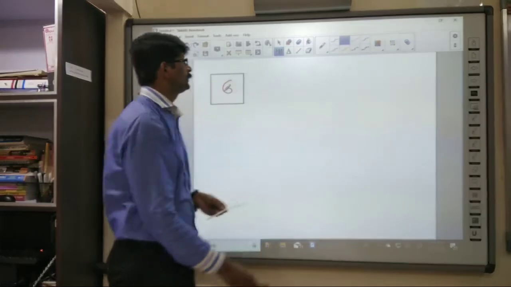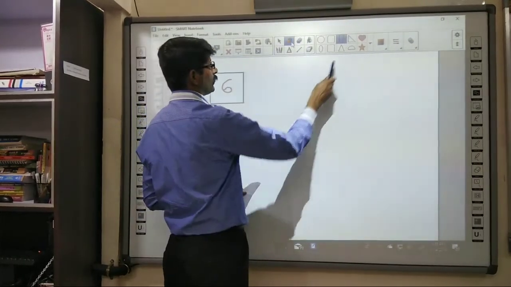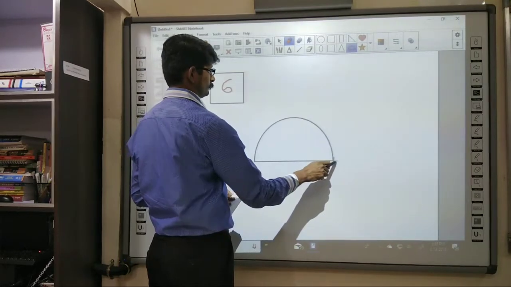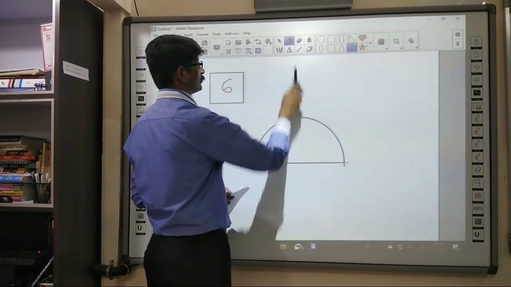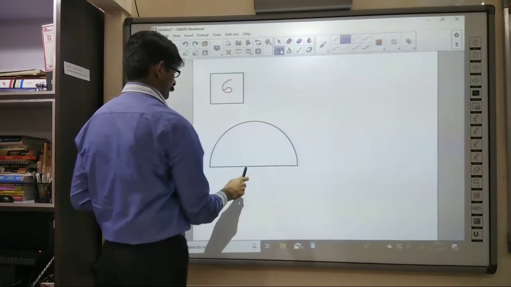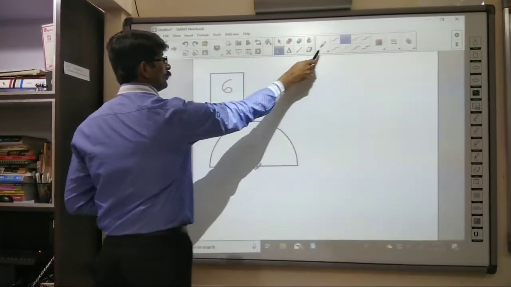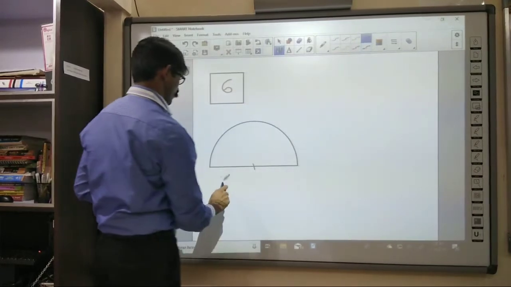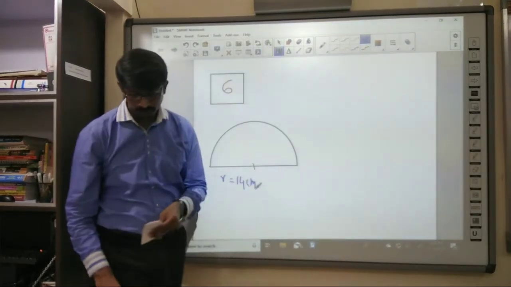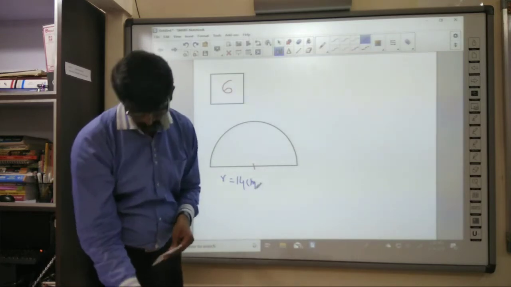So what is the radius of this conical part? The radius is equal to 14 centimeter. The radius is always 14 centimeter.